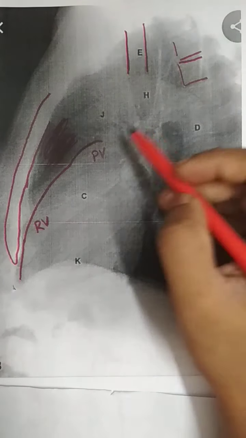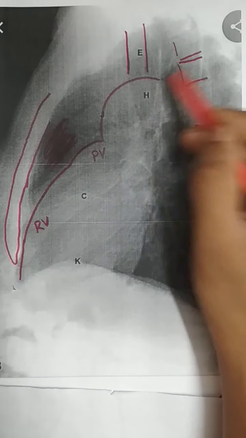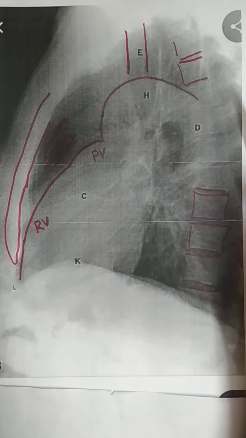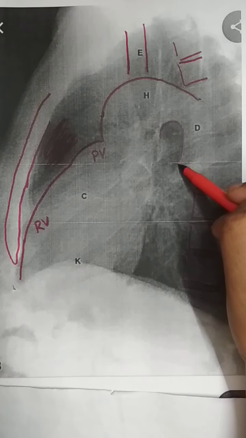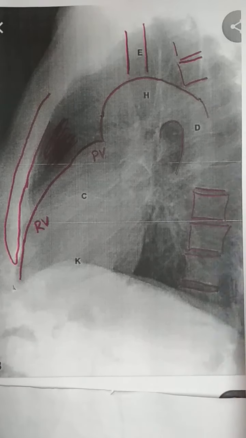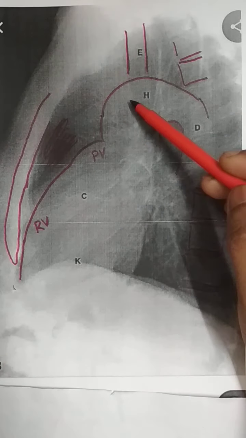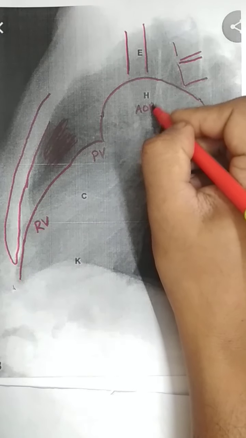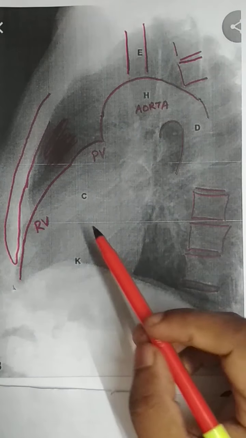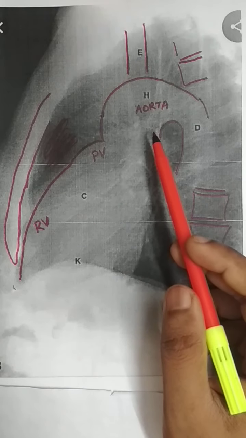And this is followed by a big hump, the hump for the aorta. You can clearly see this. This is the ascending aorta, the arch of aorta, and the descending aorta. So anteriorly we have the right ventricle, the pulmonary vessels and the aorta.